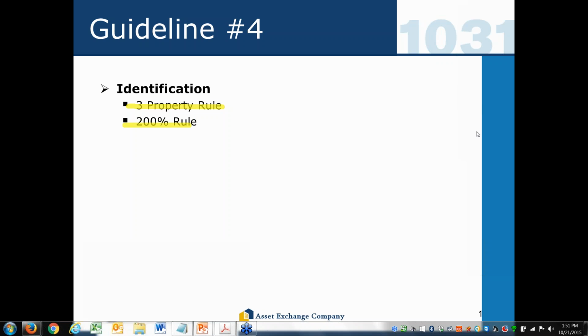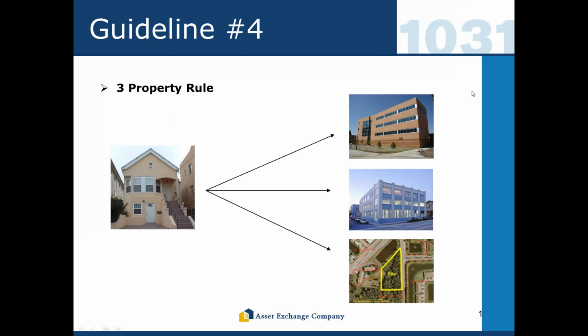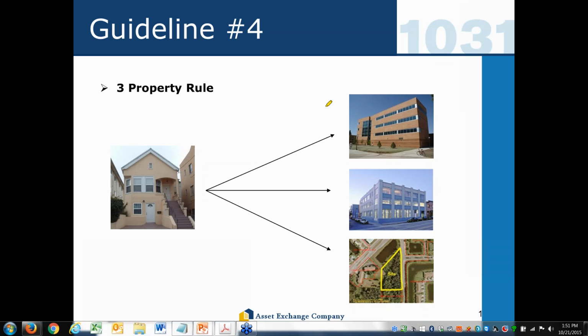Those are the only ways that you can identify and fill out your list for your identification. The 3-property rule says you can nominate 1, 2, or 3 pieces of real estate. Day 45, you nominate your 3 top choices. You are then committed to buying something on that list.